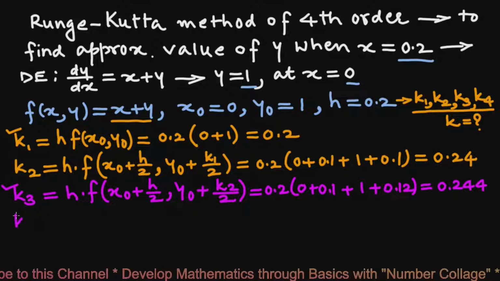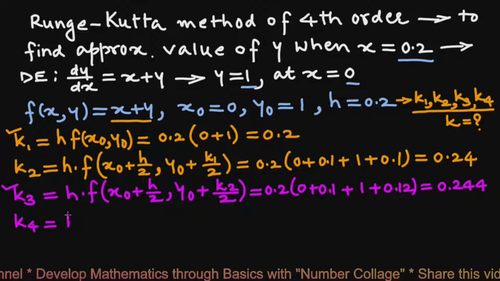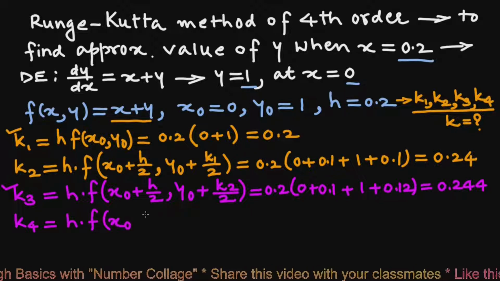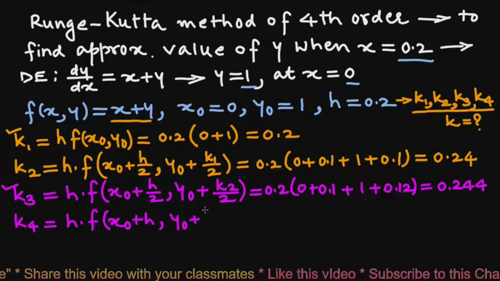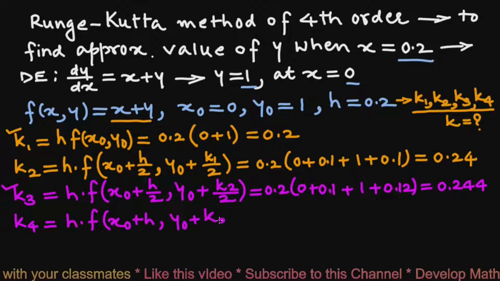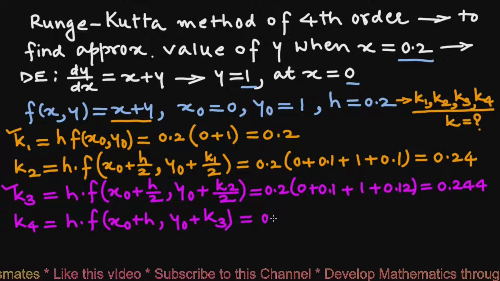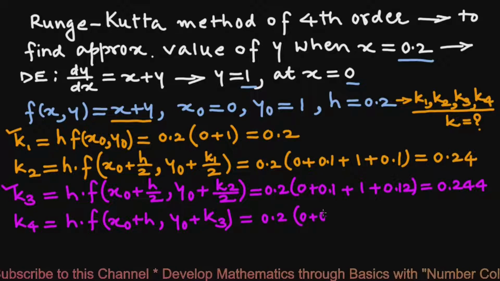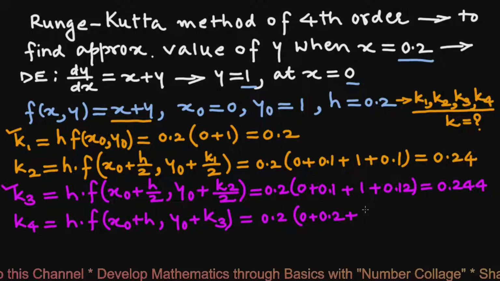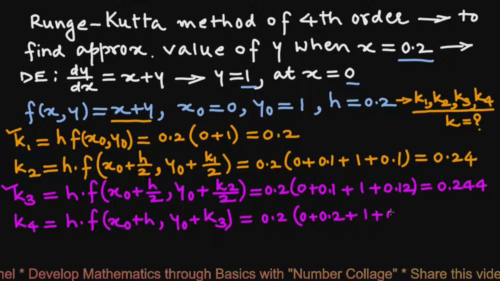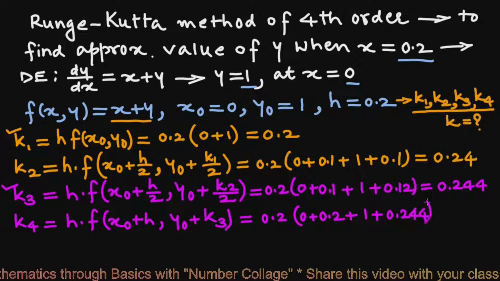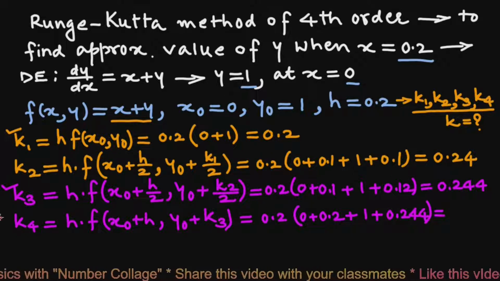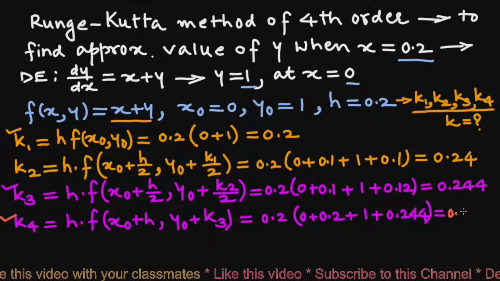Next we will find k4, that will be h times f of (x0 plus h, y0 plus k3), that equals 0.2 for h, then x0 plus h will be 0 plus 0.2, y0 is 1 and k3 is 0.244, and that gives us k4 equals 0.2888.